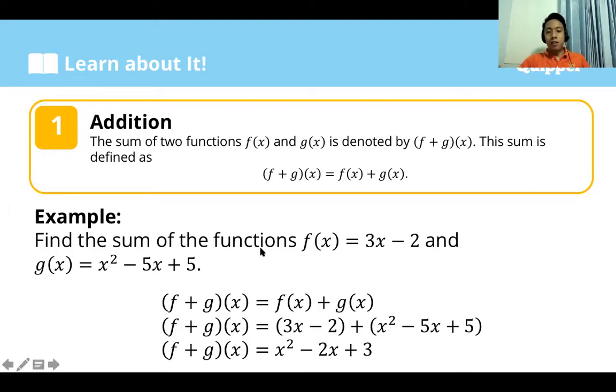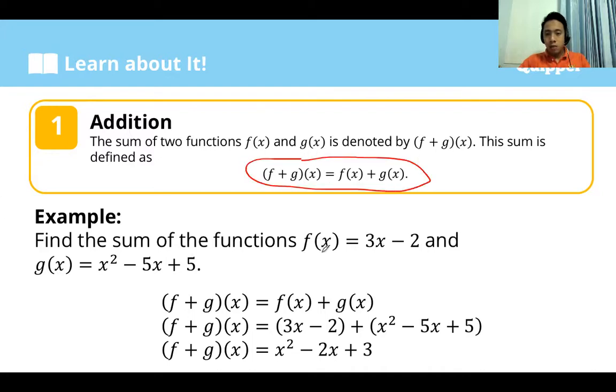For the first example, find the sum of the functions f of x equals 3x minus 2 and g of x equals x squared minus 5x plus 5. Here, we all know this is our formula.